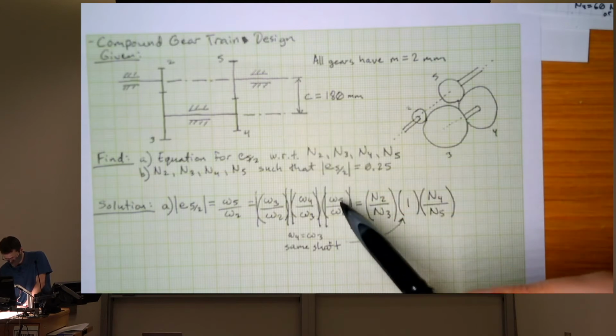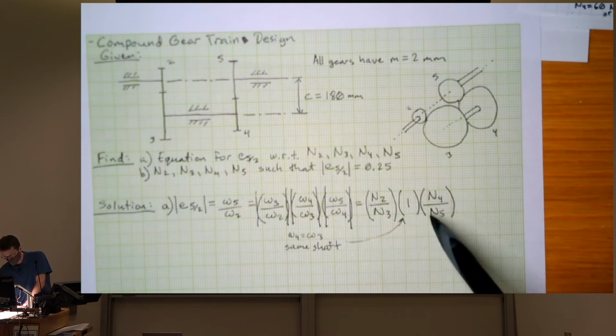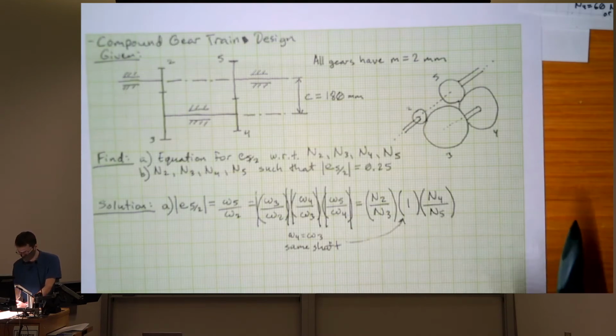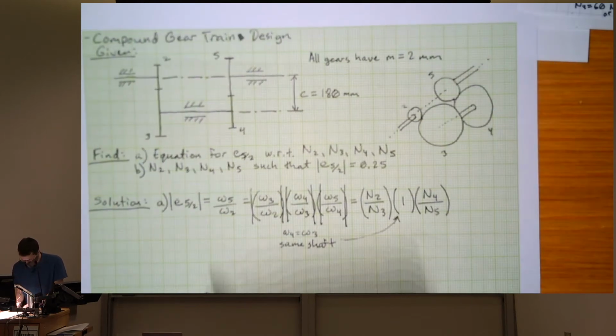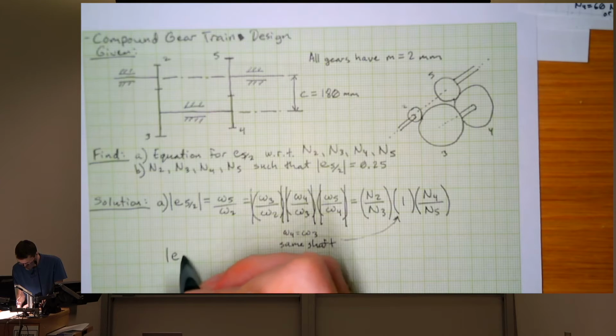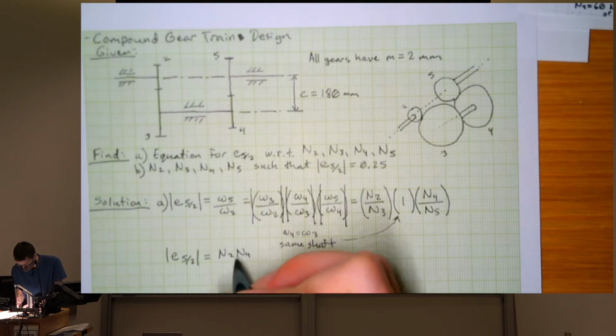Because for external gear pairs, remember we have omega 5 on top, so that means we have N5 on the bottom. So I'm just using the same expressions that we had before on the previous pages. So given that, we have the absolute value of E52 is equal to N2, N4 over N3, N5.